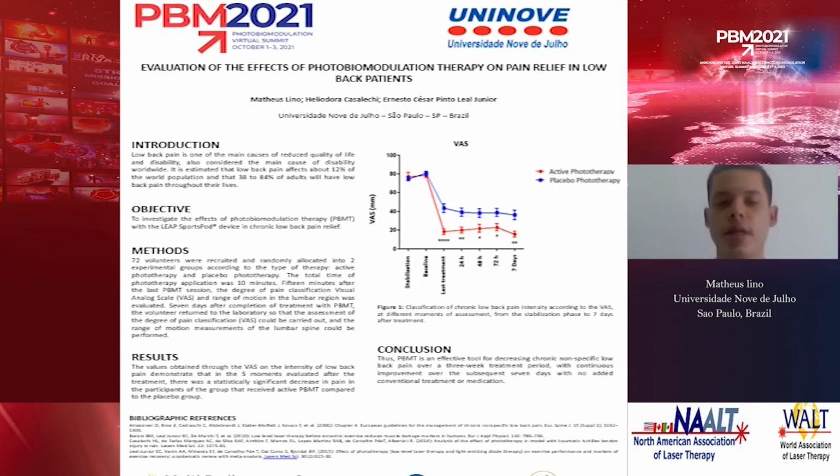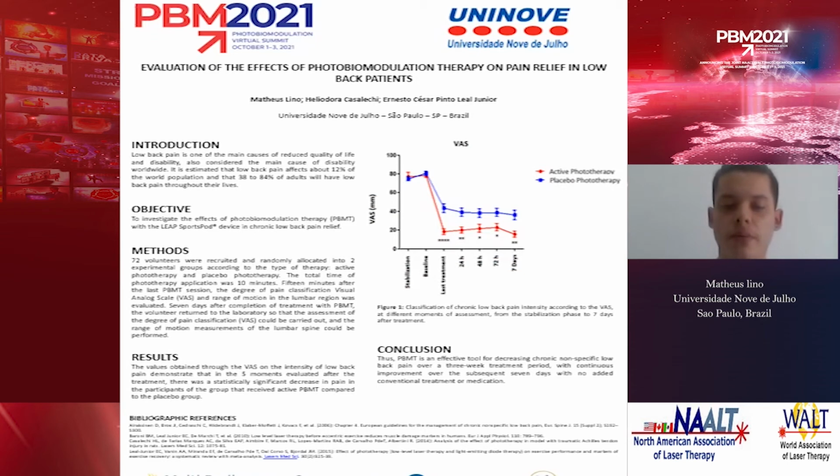And to investigate the effects of photobiomodulation therapy, PBMT, with the Lip Sports Pod device in chronic low back pain relief, 72 volunteers were recruited and randomly allocated to two experimental groups according to the type of therapy, active phototherapy and placebo phototherapy.